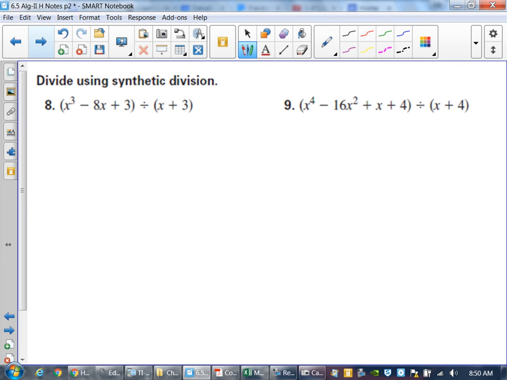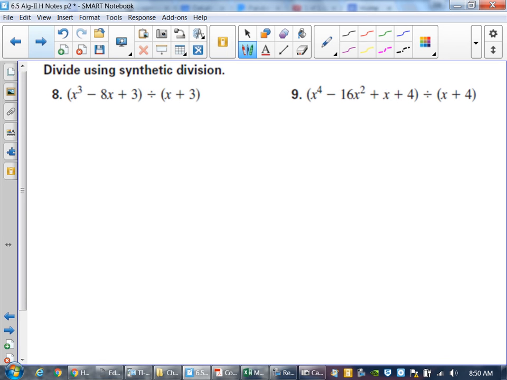Okay, let's try another one. X cubed minus 8x plus 3. Again, I'm going to divide it by the term x plus 3. What do you think you have to have in order to do this correctly? What did we have to have in our long division problems? Placeholders.